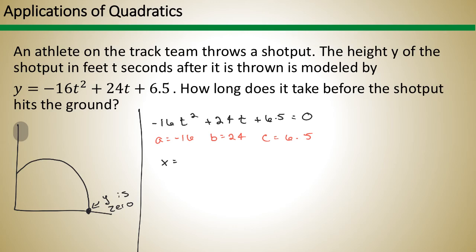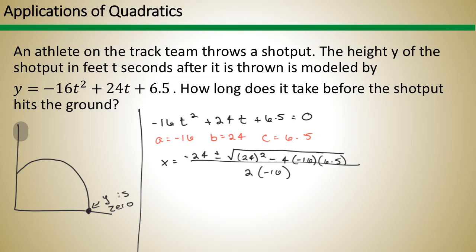So x is negative 24 plus or minus the square root of 24 squared minus 4 times a times c. Okay, all of that's over 2 times a. Okay, so now look at each of these parts.